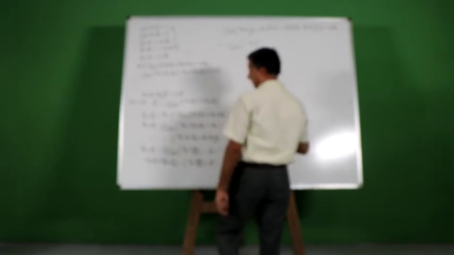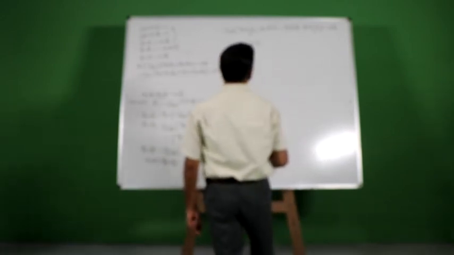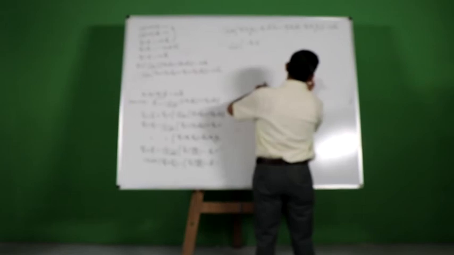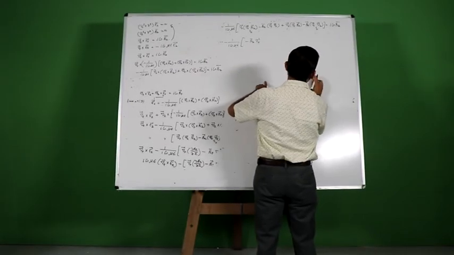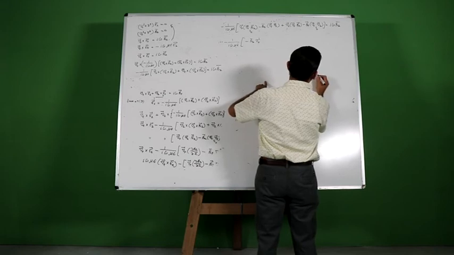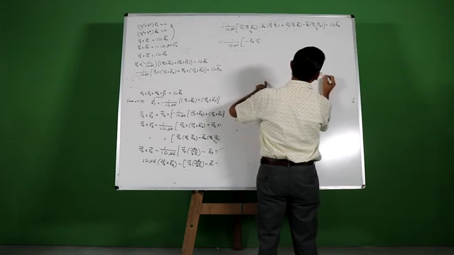And if you remember the Maxwell equations in component form, I have written there del t dot Bt plus del z dot Bz is equal to 0.